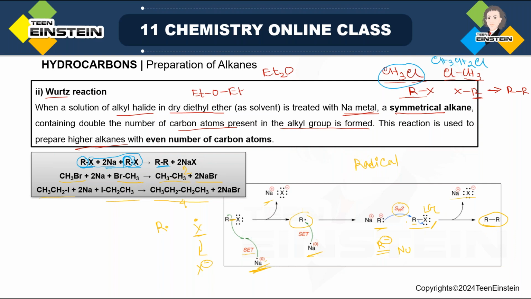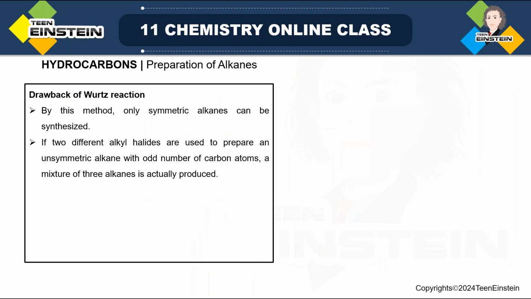Now related to these reactions, we will discuss some limitations. You can already see the limitations that you cannot make unsymmetrical alkane, and there is always an even number of carbon. So why is it? That is the question. So drawbacks or limitations of Wurtz reaction: you can only make symmetric alkanes, not anything else.